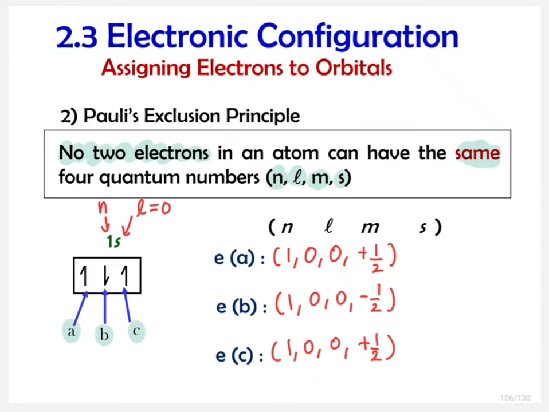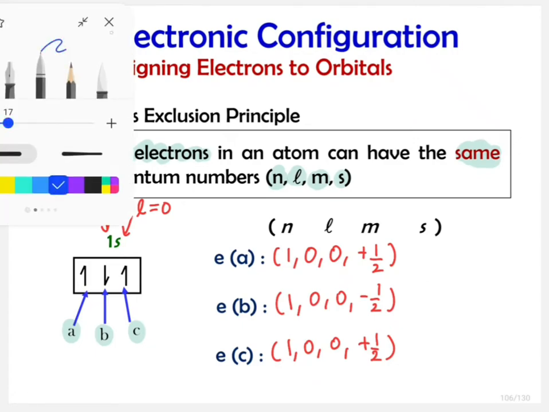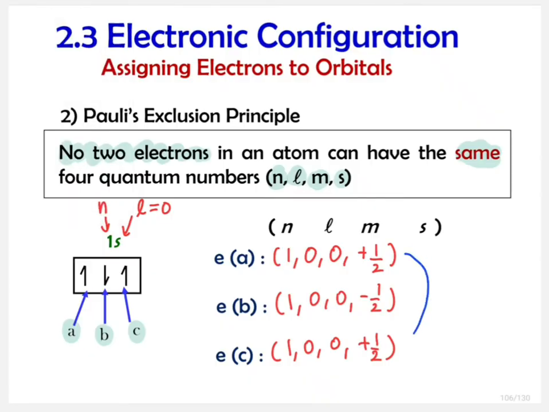Jadi, kita boleh nampak bahawa these two sets are equal. Therefore, cannot. Jadinya kita tidak boleh letak satu lagi elektron ni dalam 1s. Jadi, daripada Pauli's Exclusion Principle ni juga kita dapat maximum 2 electrons in 1 orbital.